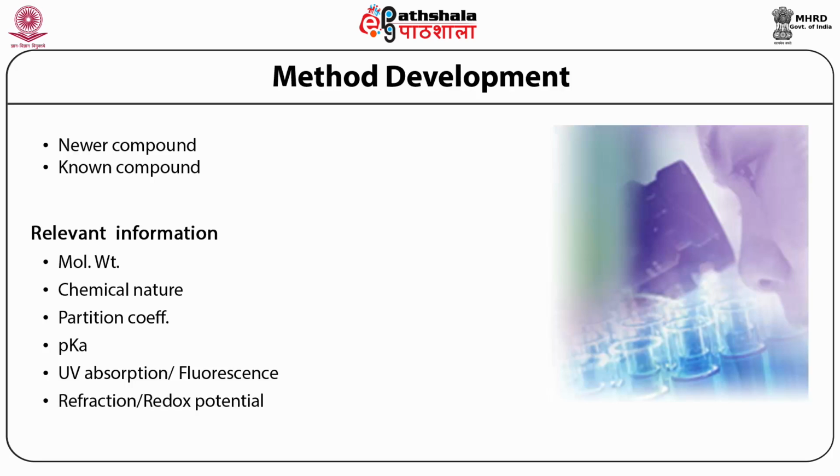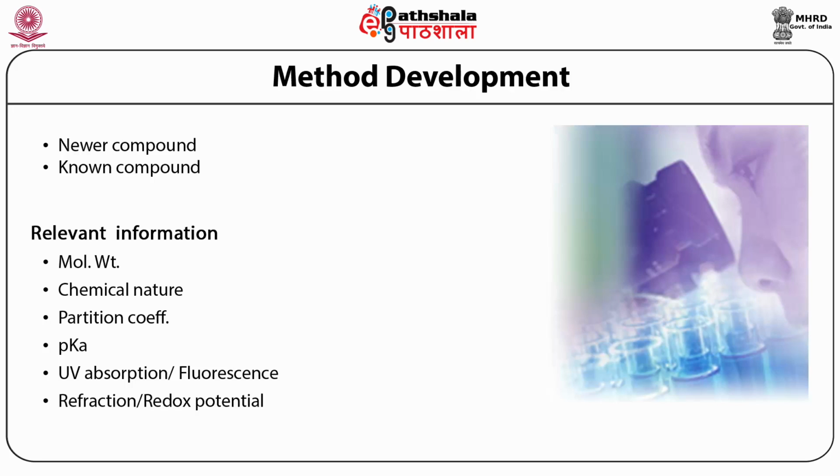If it is soluble in methanol, it suits me well. I would choose C18. If it is highly soluble only in water, then I may not like to choose C18 or C8. I may like to choose a HILIC column, that is hydrophilic interaction chromatography.